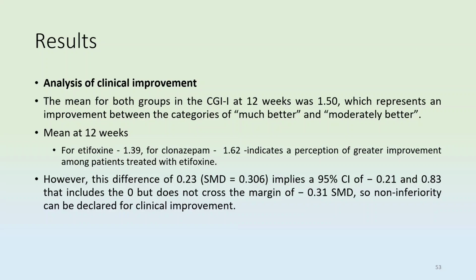However, this difference of 0.23, which has an SMD of 0.306, implies a 95% confidence interval of minus 0.21 and 0.83. That includes the 0 but does not cross the margins of 0.31 SMD. So non-inferiority can be declared for clinical improvement.